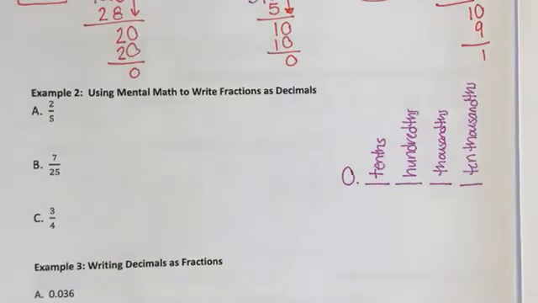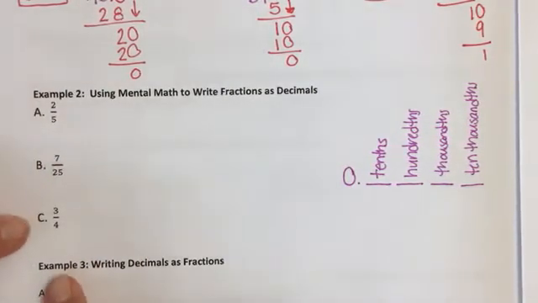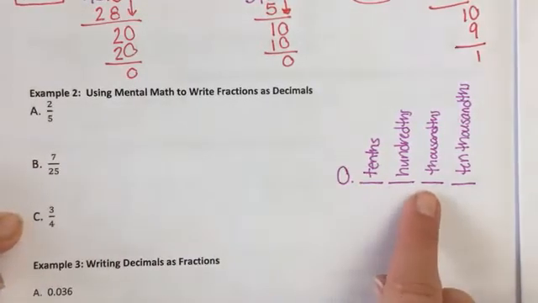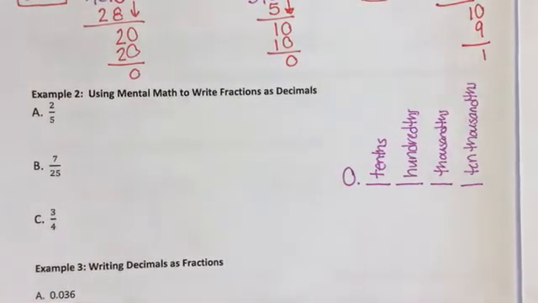So the really cool thing is that if you can get your fraction to have a denominator of 10, 100, or 1,000, you can change what it looks like as a fraction and then switch it to a decimal. And I'm going to show you what that means.